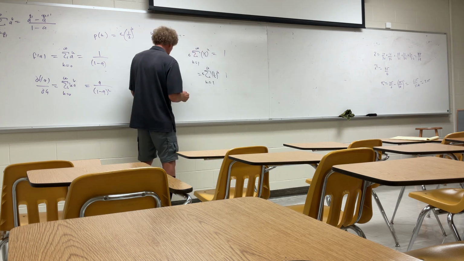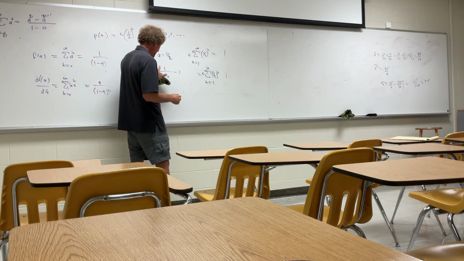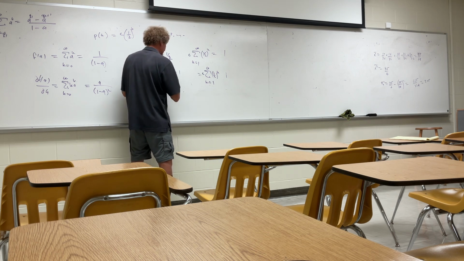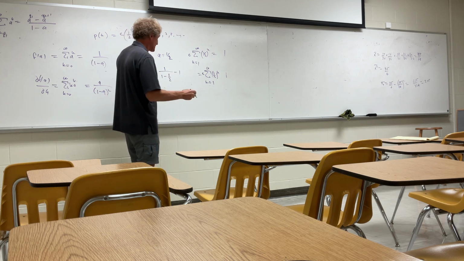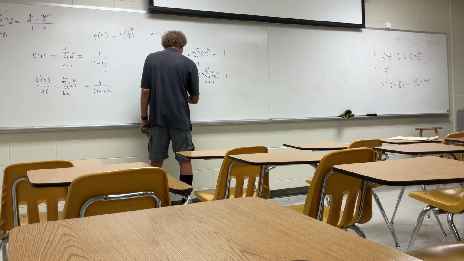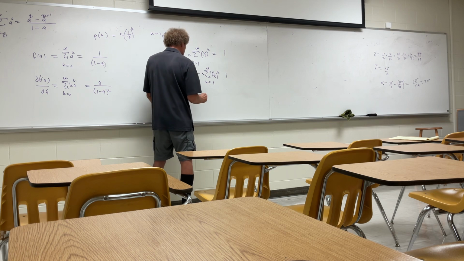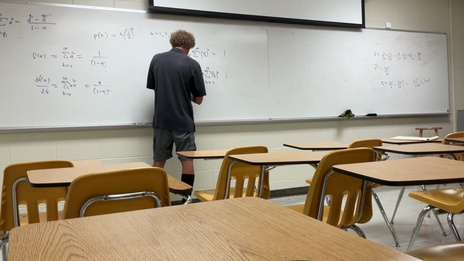And over here, since a is 1/2, I have 1/(1 minus 1/2), right? Well, that's 2. 2 minus 1 is 1. So I have 1 equals, and frankly, that means c has to be 1.